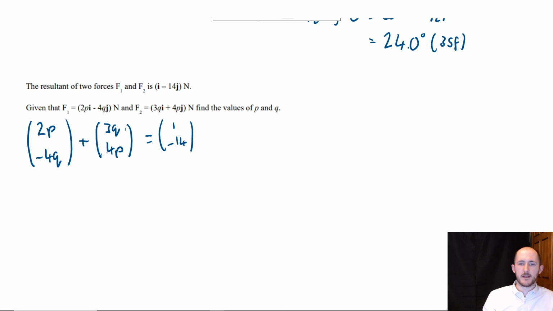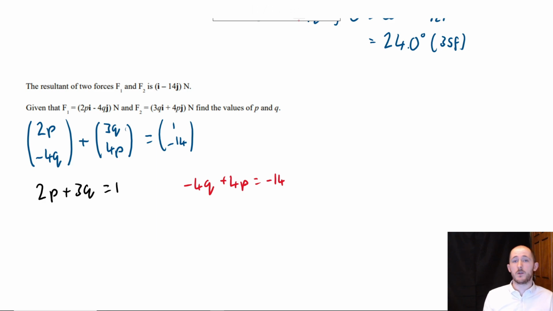Now the problem here is that if I write these out as separate equations, we have 2p plus 3q equals 1, and then we also have minus 4q plus 4p equals minus 14. So we have two unknowns, but we also have two equations.